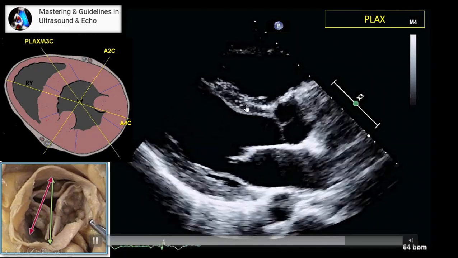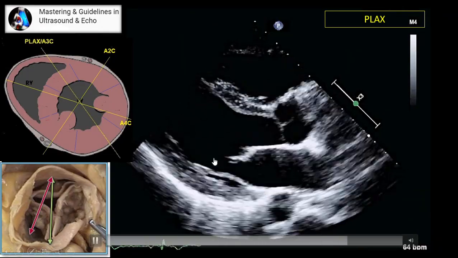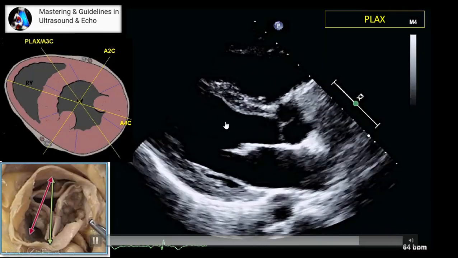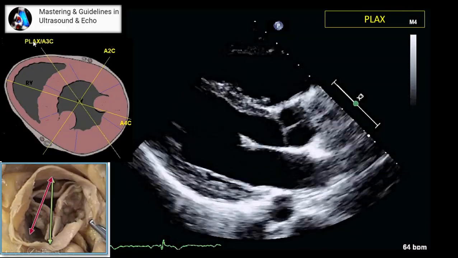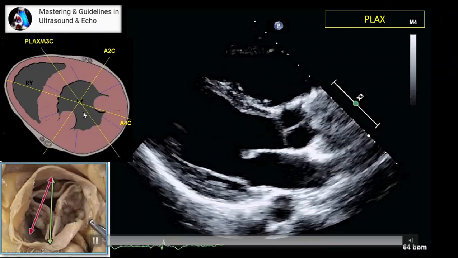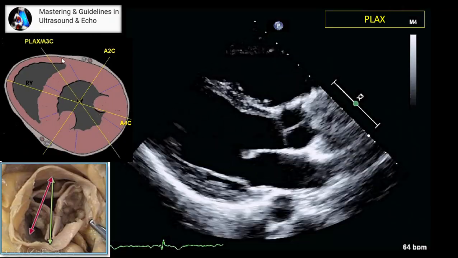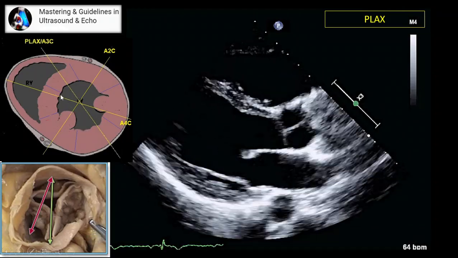And another one is that the LVID, left ventricular internal diameter, during diastole is the largest. For getting the largest one, our plane of sound should pass exactly through the center of the left ventricle on the PLAX. If our sector passes above this line or below this line, you will notice the LVID will be shorter, and so we are underestimating.